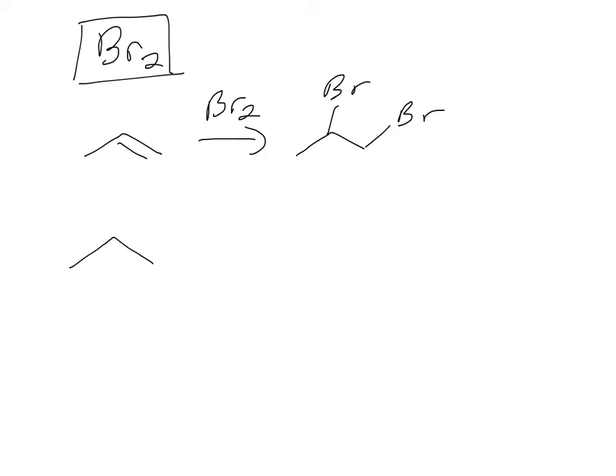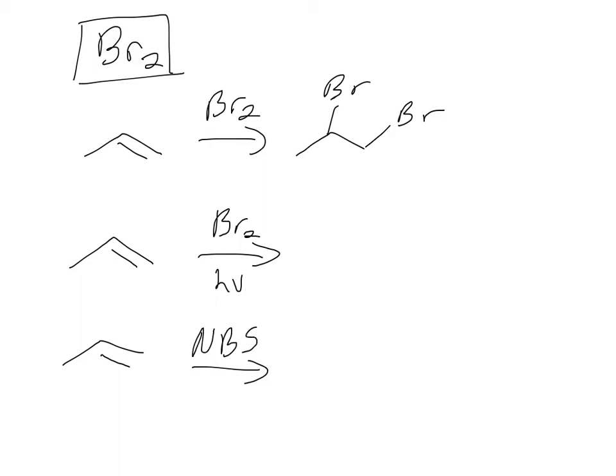What I've subsequently shown you is with Br2 and light, or with the same alkene and something called NBS in light, which is basically a way to get a low concentration of Br2. Because the problem with Br2, if you have any Br2 around, right?